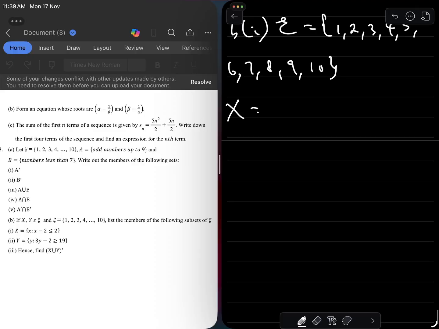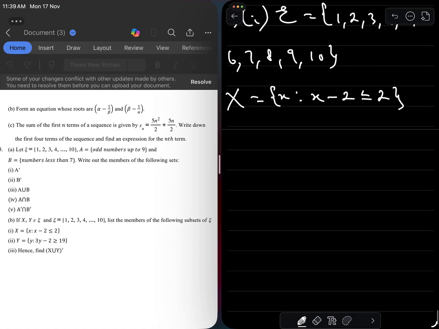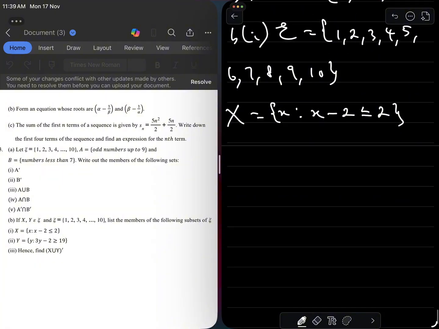List the members of the set X, which has elements x such that x minus 2 is less than or equal to 2. How do we do that? First of all, we solve this inequality. x minus 2 is less than or equal to 2.